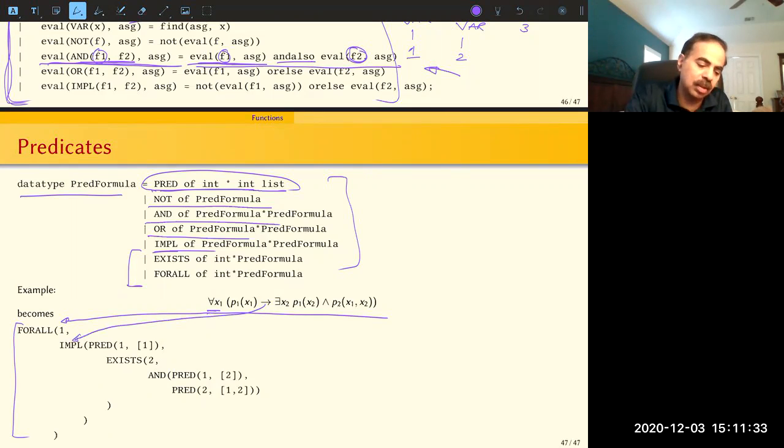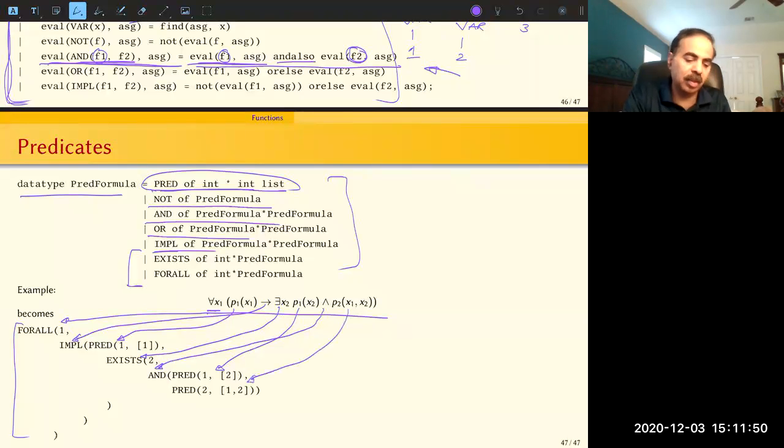So there's an implication, then P1 of X1 is here, and then there exists is here, the conjunction is here, P1 is the first argument to the conjunction, and P2 the second argument is a conjunction.